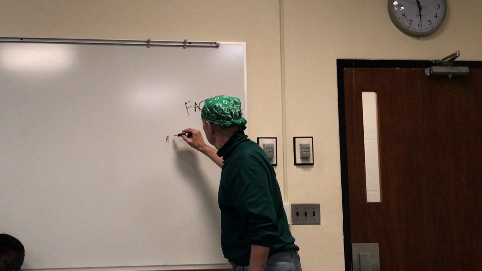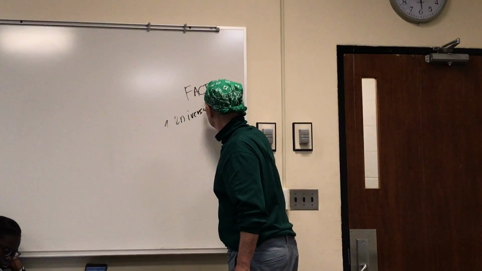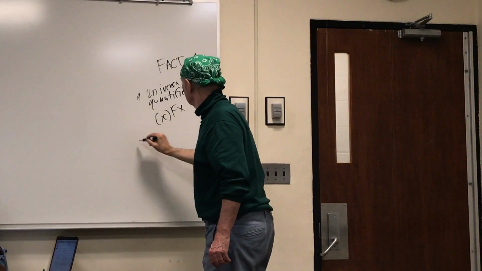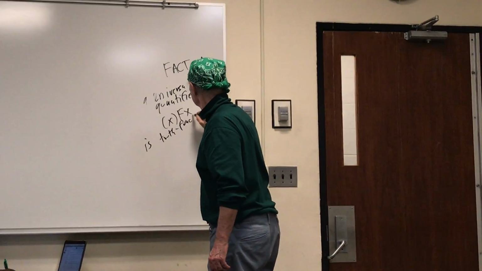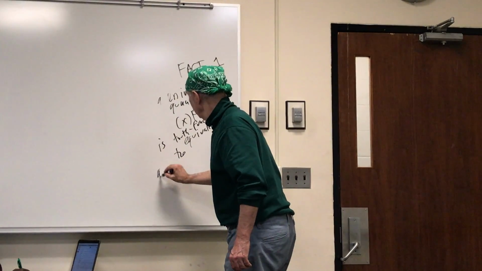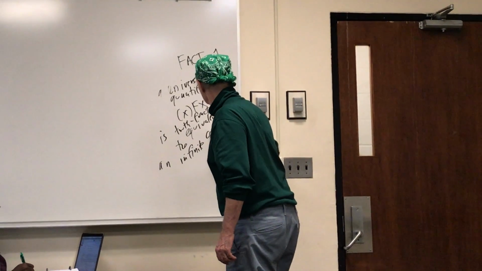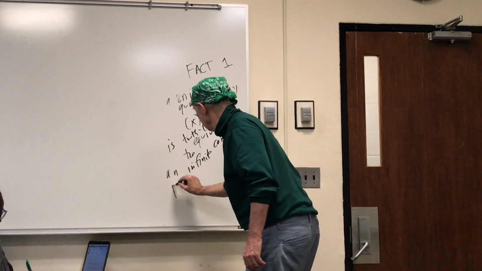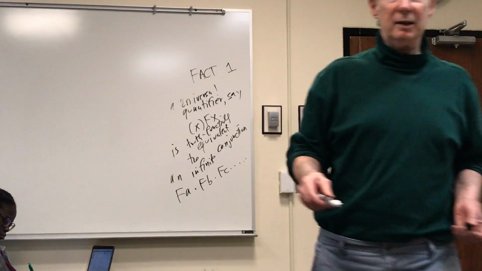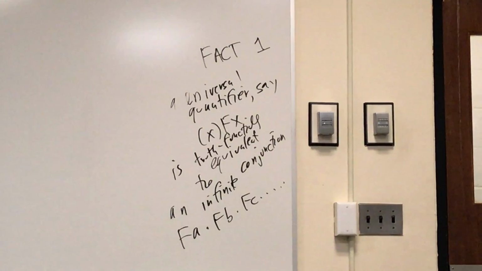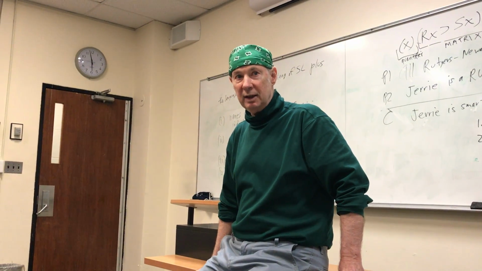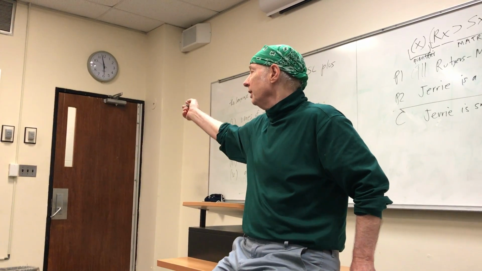A universal quantifier, say for all x, Fx, is truth functionally equivalent to an infinite conjunction: A has F, and B has F, and C has F, and D has F, and just on for all the objects.